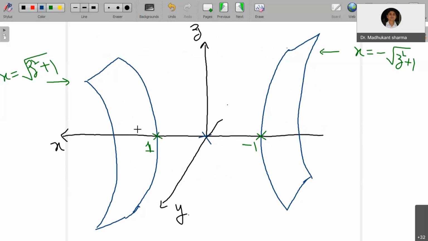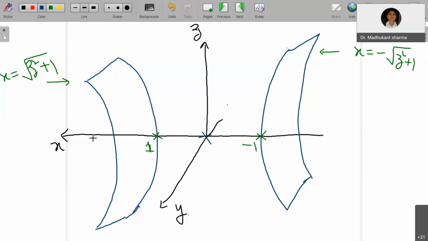So the first question is, how will you generate this cylinder? You just draw a hyperbolic curve in the x comma z plane and stretch it along the y-axis, where y is perpendicular to the x and z space.